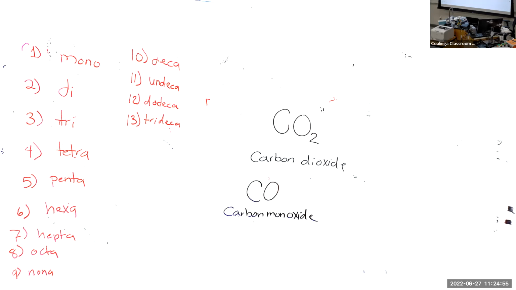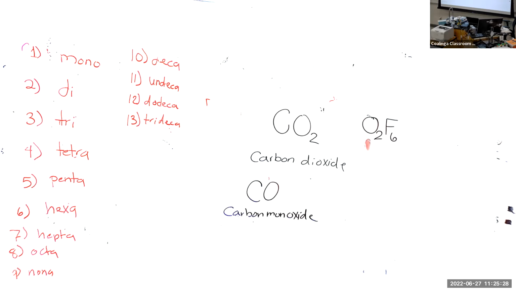So if I have this, what would I call that? So I have a question. For the first part, do you add the number, like O2? Do you put dioxide or just leave it two oxygen? Di, right?